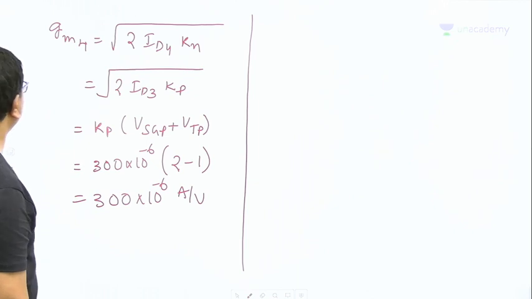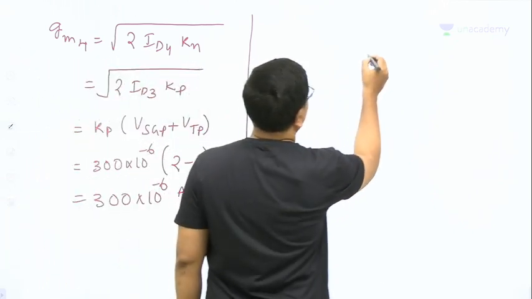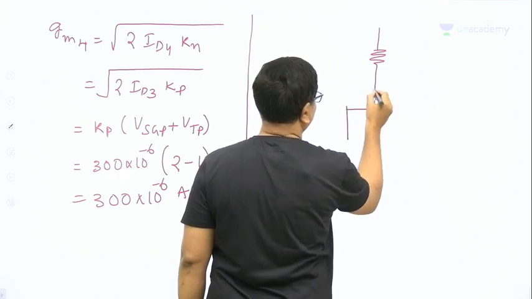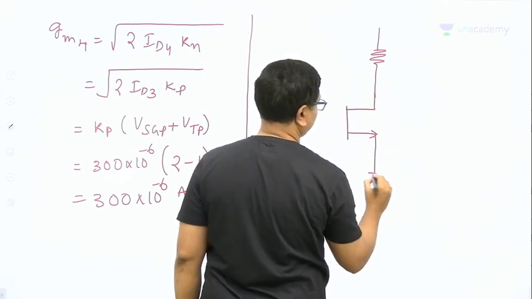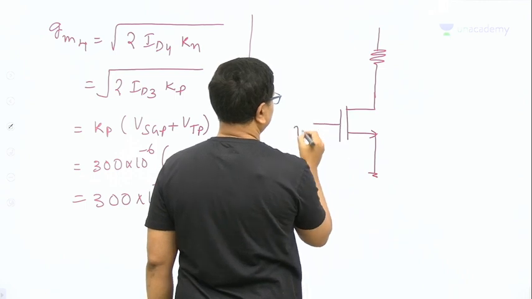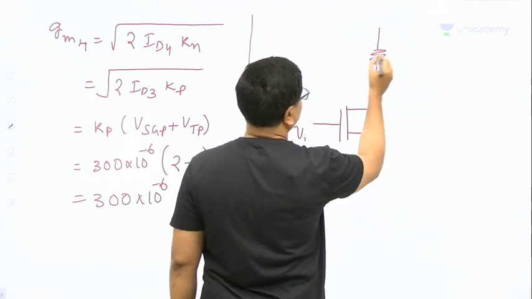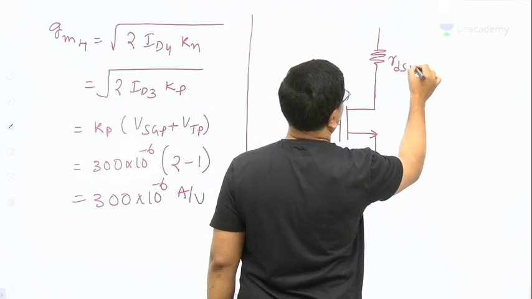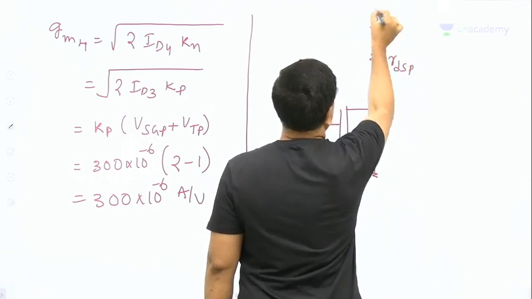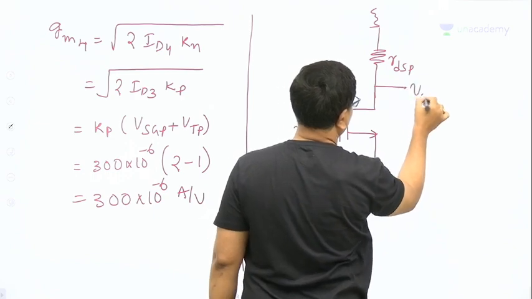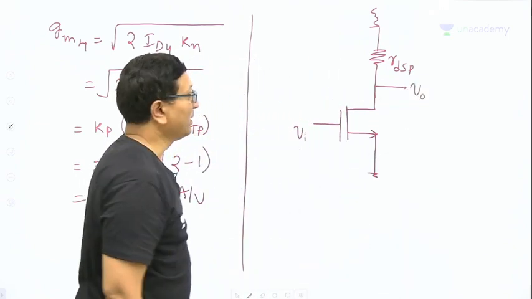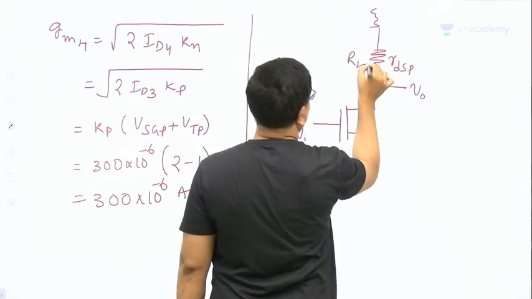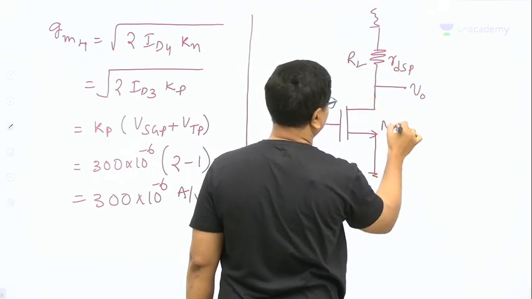So instead of M3, I am writing a resistance RDS, and M4 I am showing as it is. This is our V input. It is RDS of M3, a PMOS transistor, and this is our output. So here M3 is acting like a load resistor to M4.